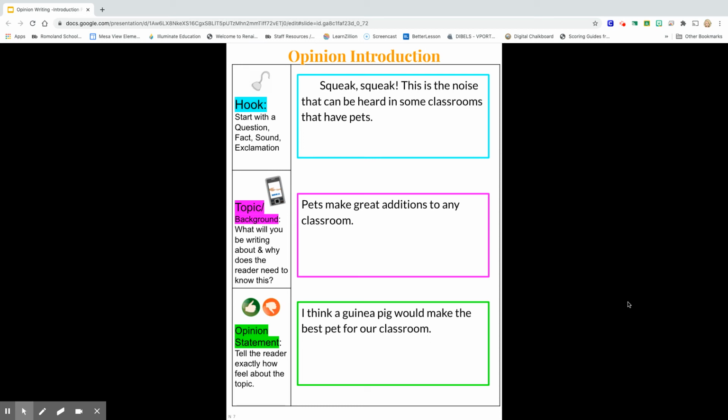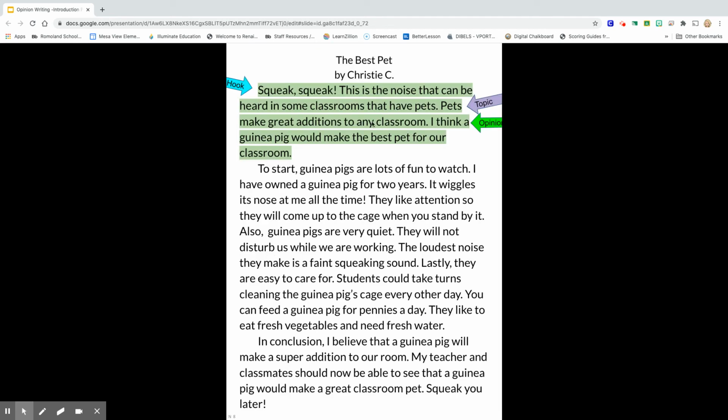And now that this author wrote their hook sentence, topic sentence, and opinion sentence, I said, well, now let's put it into one complete paragraph. And so they went in to start doing their final draft, and this is what she wrote. This is her complete paragraph all put together for her introduction. Squeak, squeak.